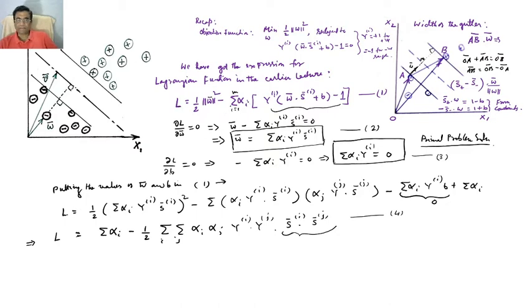So here also you see that there are as many samples, that many Lagrangian multipliers will be there. So this is a Lagrangian multiplier, this parameter. And what will it be? Alpha i must be greater than or equal to 0. It can never be negative.